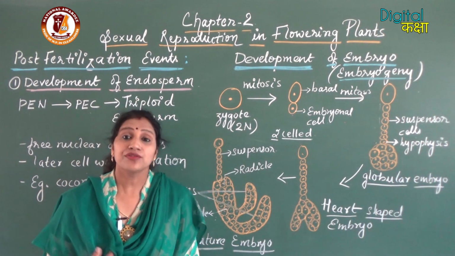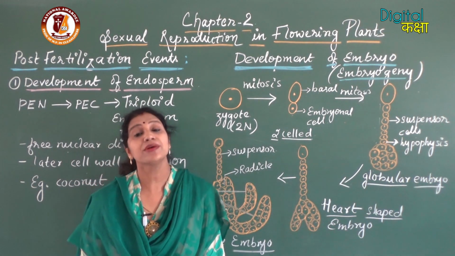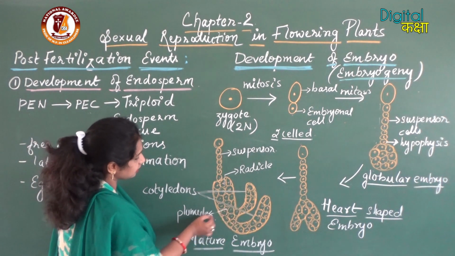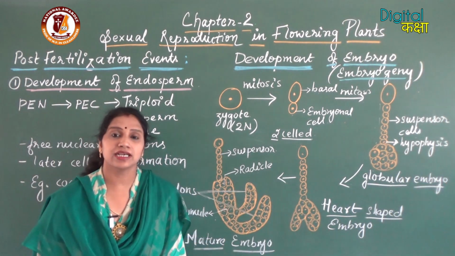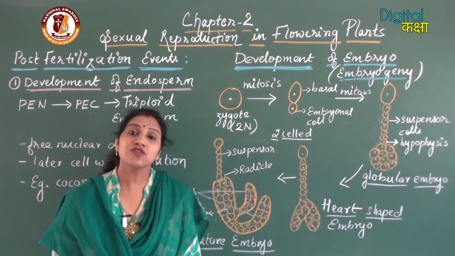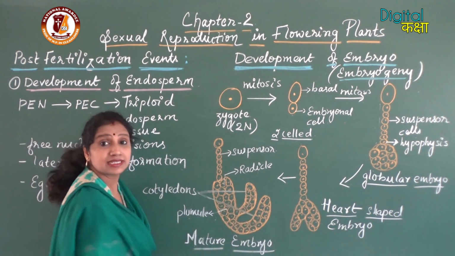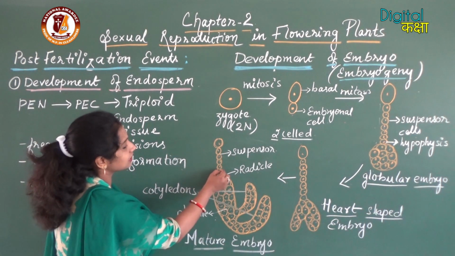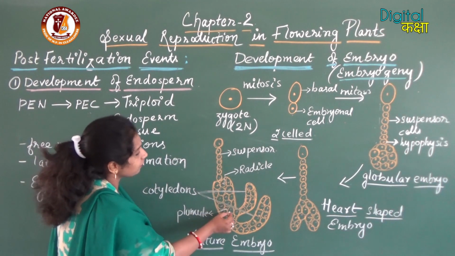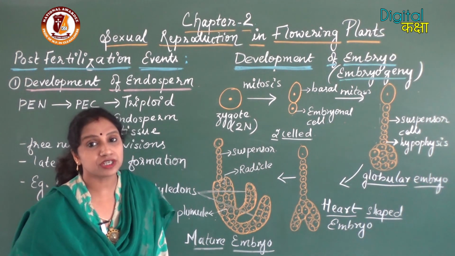You all know that radicle is that part of the embryo which is going to form the root. And here you can see towards the cotyledons, the plumule is there. Plumule is that part of the embryo which is going to form the shoot. So here you can see two cotyledons are there, and towards the suspensor the radicle is there which is going to form the root, and away from the suspensor the plumule is there which is going to form the shoot.